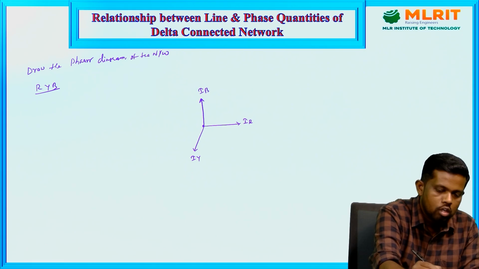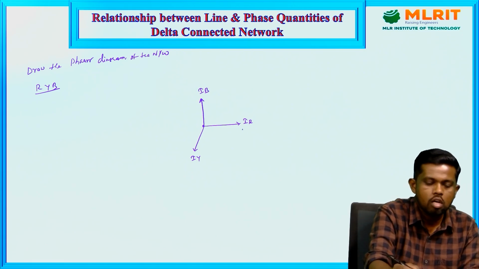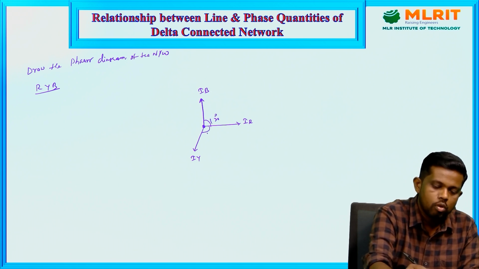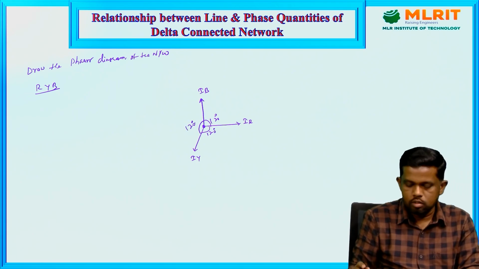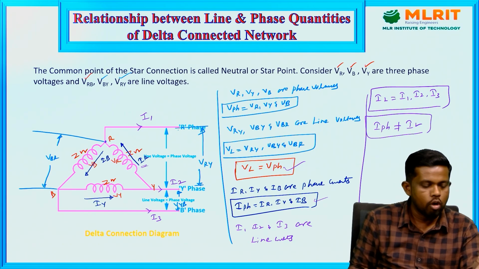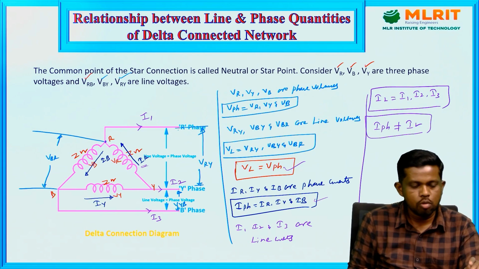So these are the phase sequence; we are following the RYB phase sequence. The phase shift maintained from R to Y to B is 120 degrees, then this one also 120 degrees, and this one also 120 degrees.